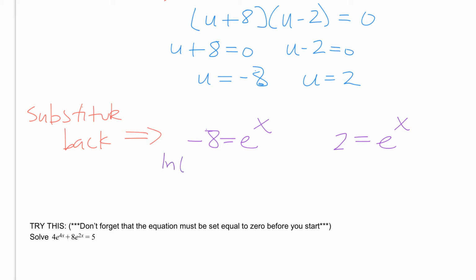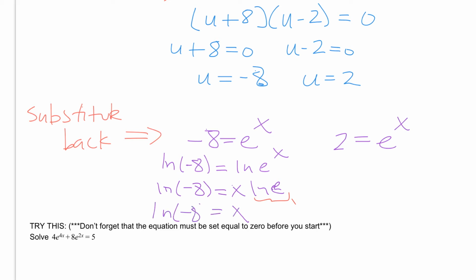I get the natural log of negative 8 equal to the natural log of e to the x. Using my properties of logs, this x can come out in front, and I get the natural log of negative 8 equal to x times the natural log of e. And remember, the natural log of e is just equal to 1. So x equals the natural log of negative 8.